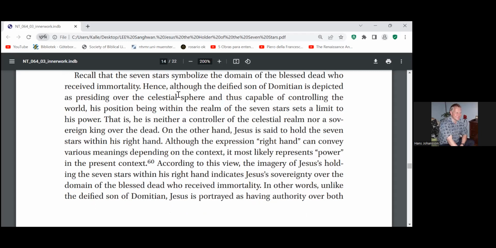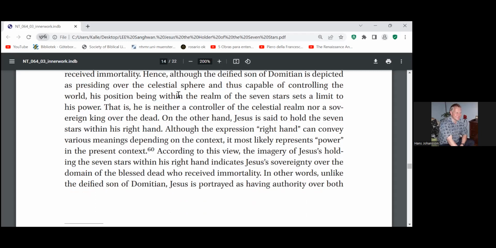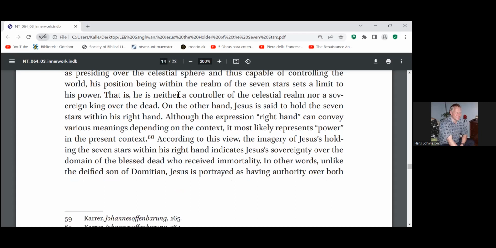Hence, although the deified son of Domitian is depicted as presiding over the celestial sphere, and thus capable of controlling the world, his position being within the realm of the seven stars sets a limit to his power.